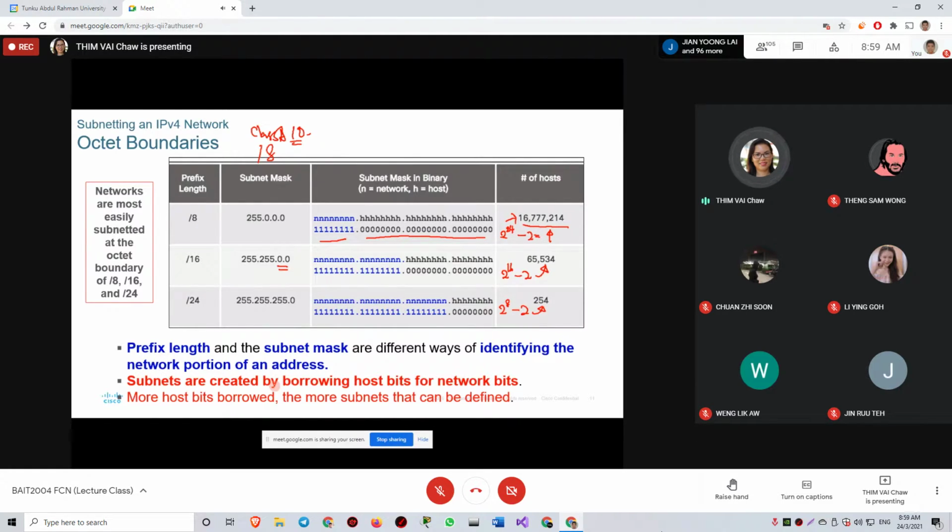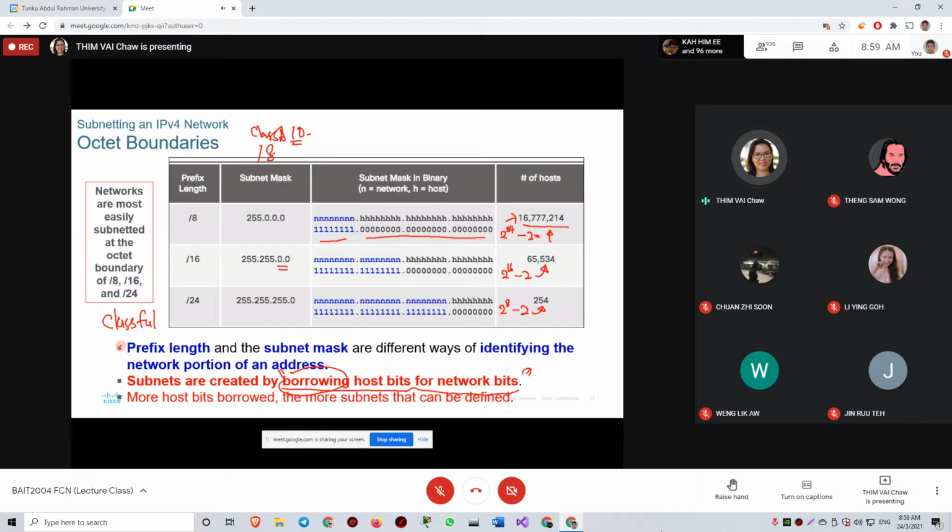That's why this slide is talking about classful subnetting, because subnets are created by borrowing. You need to borrow host bits to become network bits. That's why it's called borrowing, so this explanation is about classful.